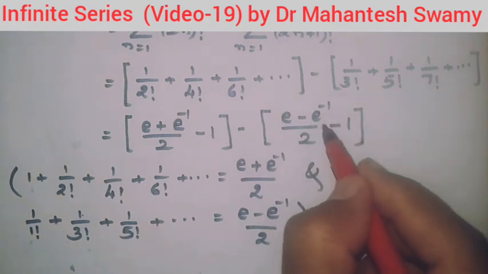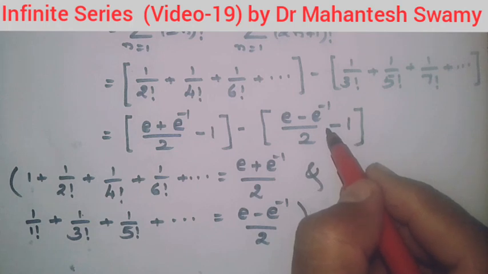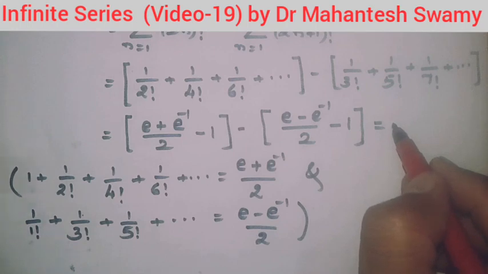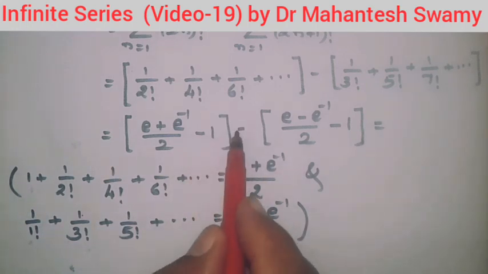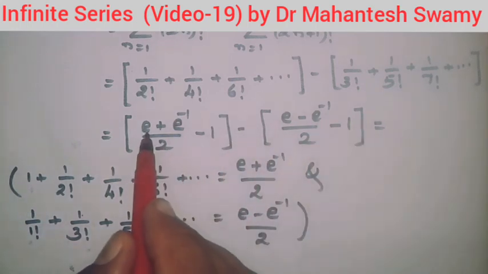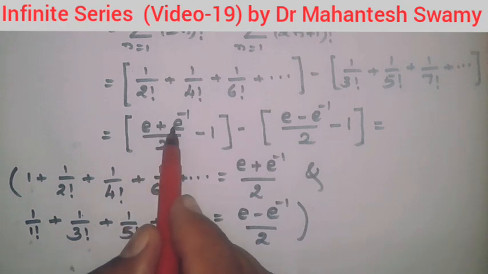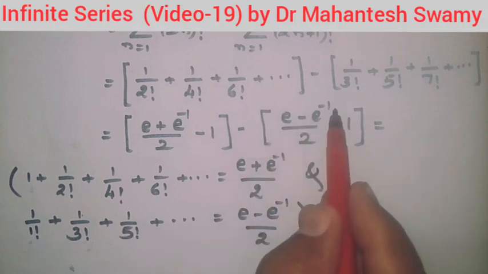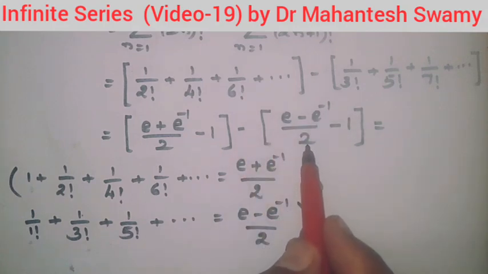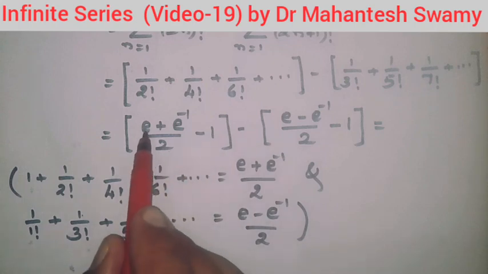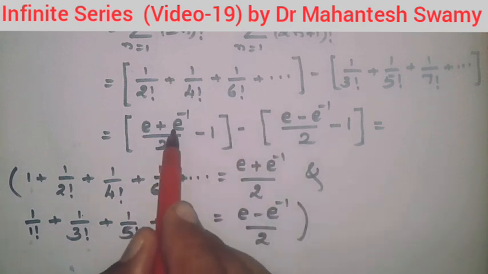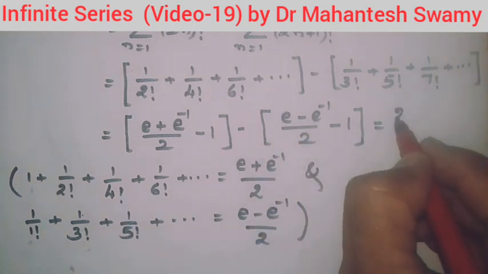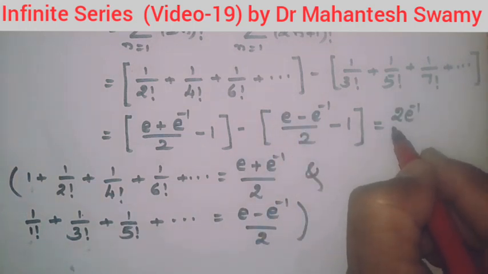Now if we simplify this, it is very simple to observe here: minus 1 plus 1 cancelled, e plus e to the power of minus 1 minus e plus e to the power of minus 1, divided by 2. So e minus e cancelled, e to the power of minus 1 plus e to the power of minus 1 will be 2 into e to the power of minus 1, divided by 2.